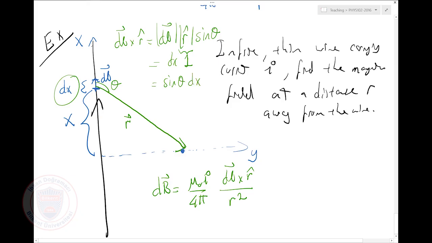But here's the thing. Let me call this distance h. I'm going to call it r, but at the end of the day, let me call this distance h. So, can you tell me what sine theta is?